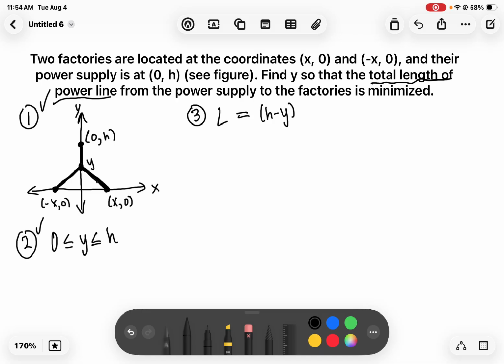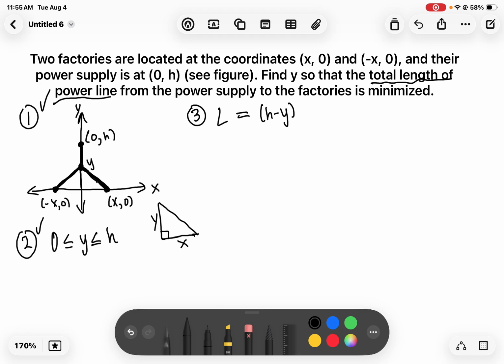Now let's find the length of both of these other segments. Let's begin by noting that both have equal length, so if we can find the length of one of them, we automatically know the length of the other. To find the length of this diagonal line segment, we can construct a right triangle with base length x and height y, as given in the problem.